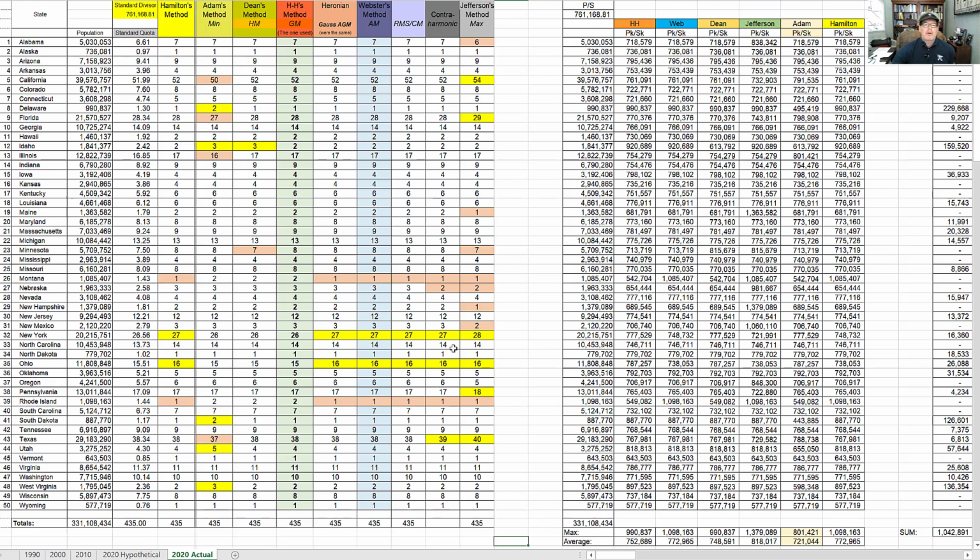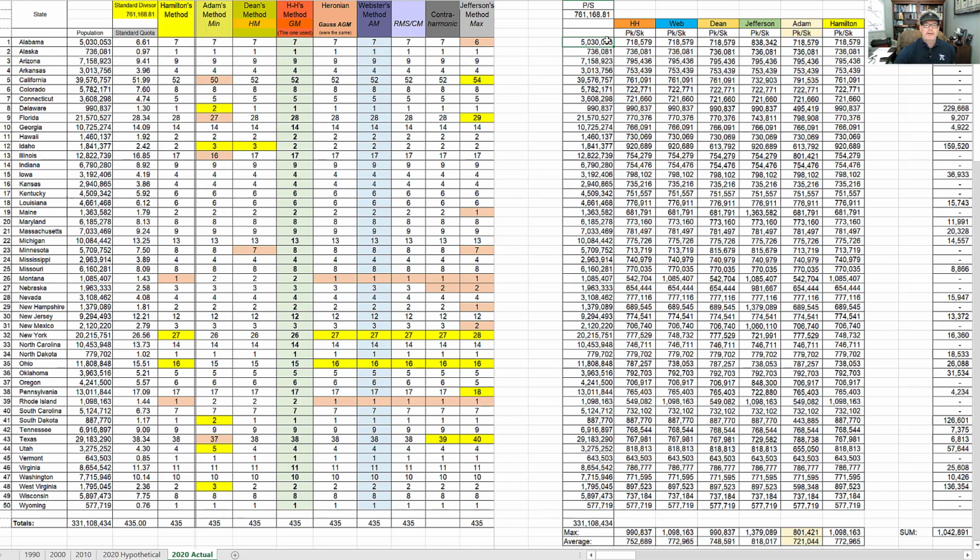So the first optimization property I want to look at is if you just divide each state's population, like so, there's Alabama, divide it by how many seats it would receive depending on the method. So just about every method gave it 7 seats.